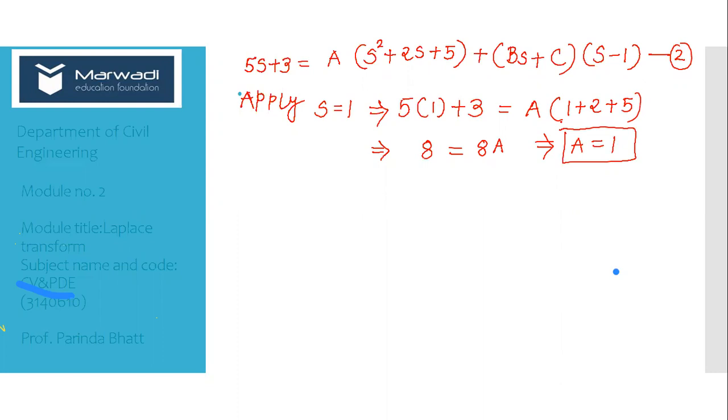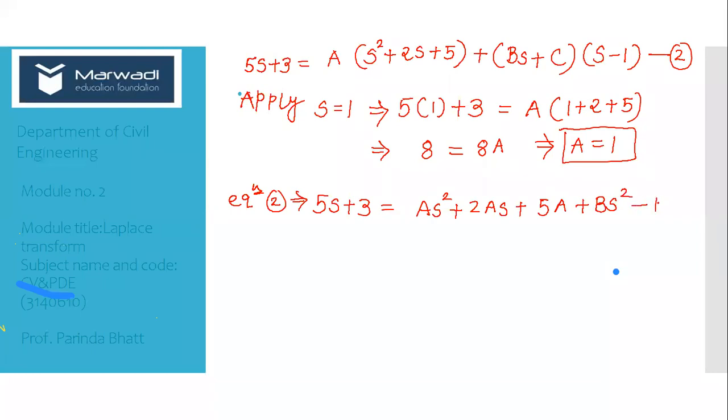Okay. Now, for this equation number 2, we can write, open this bracket on this side: 5s plus 3 equal to as square plus 2as plus 5a plus bs square minus bs plus cs minus c.